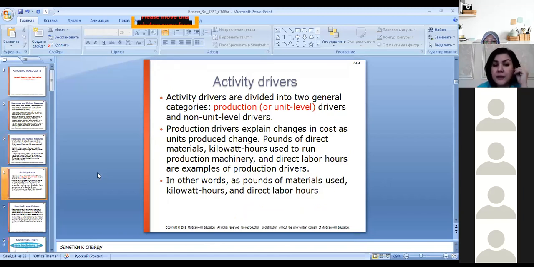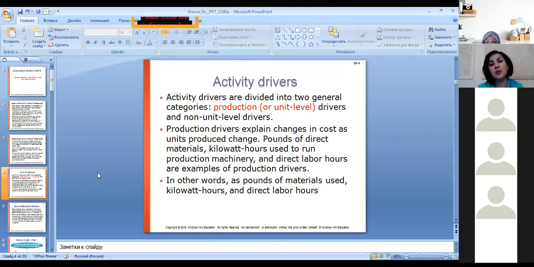Activity drivers actually are divided into two general categories: production or unit level drivers and non-unit level drivers. Production drivers explain change in cost as units produced change.